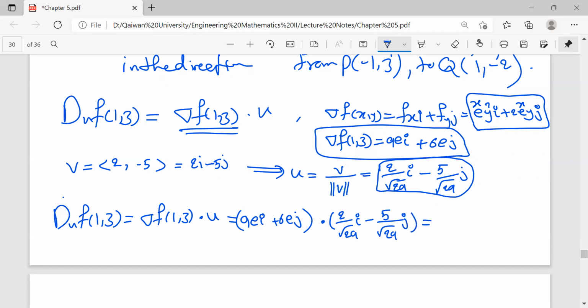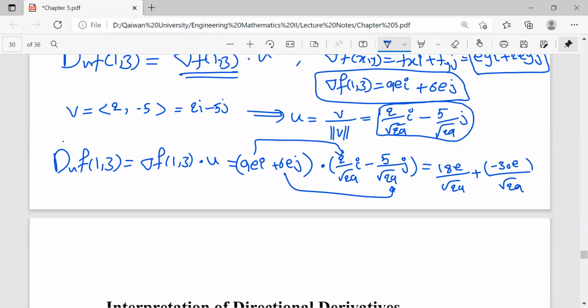We multiply these two and these two. The magnitude is square root of 2 squared plus 5 squared, which is square root of 29. We get 18e over square root of 29 minus 30e over square root of 29.